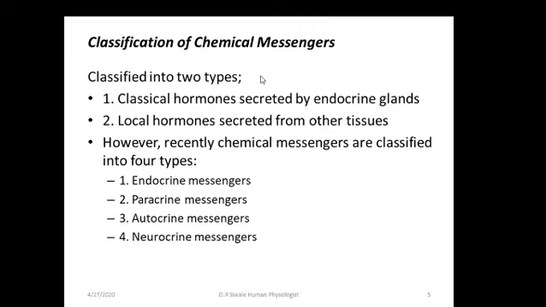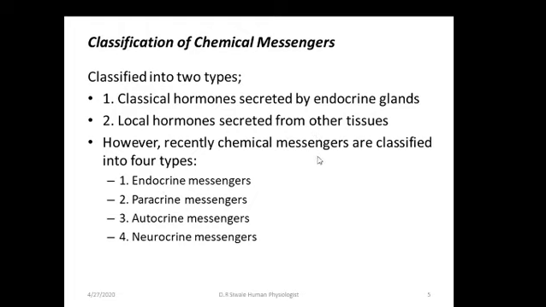So hormones are not the only chemical messengers in the body. We also have the local hormones, which are secreted from other tissues. These we will not discuss, but we'll be referring to them as we learn physiology. Okay, so they are classified into classical hormones secreted by the endocrine glands, which is our focus, and local hormones secreted from other tissues.